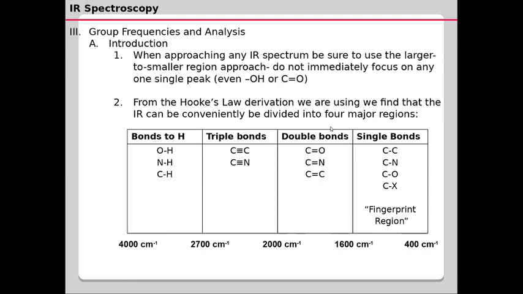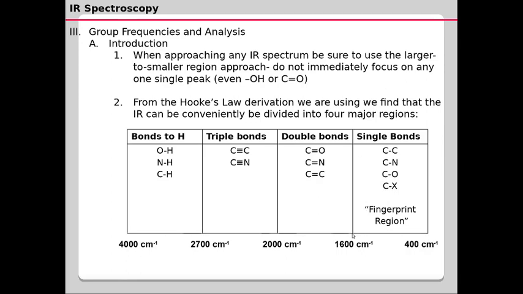Starting from 400 to almost 1400 or 1600 centimeter inverse, the region comprises vibrations of carbon-carbon single bonds, carbon-nitrogen single bonds, carbon-oxygen single bonds, and carbon-halogen single bonds. So this is a region which encompasses the vibrational frequencies of single bonds.